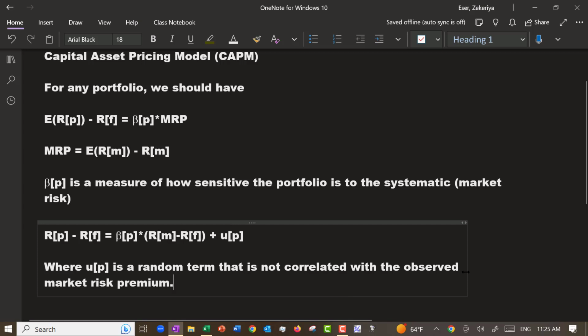Have you guys been exposed to basic linear regression in your stats classes?